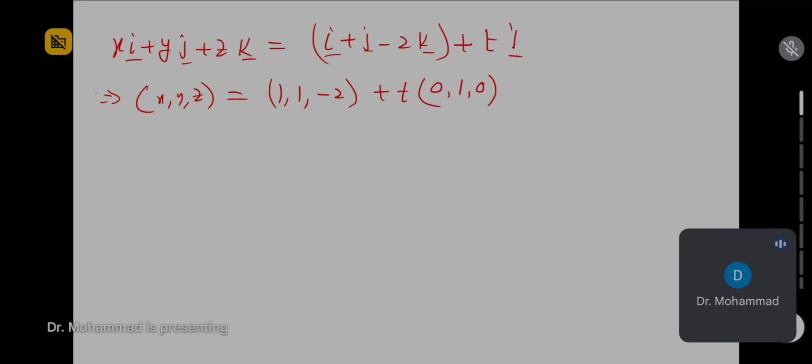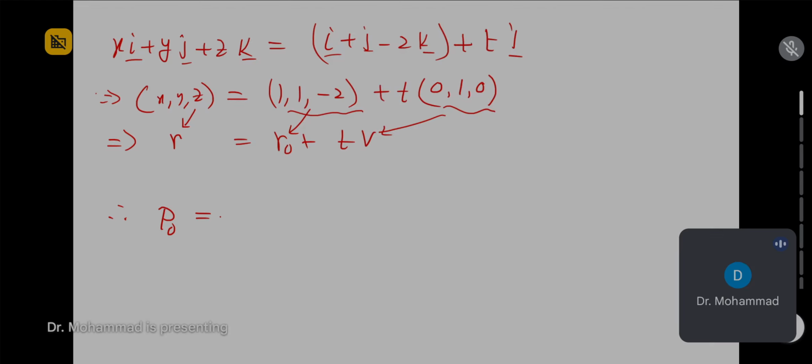So now tell me what is the point on the line. This is our R. This is our R naught and t, and this is our V. This is V, this is R naught, and this is our R. So how about the point P naught?